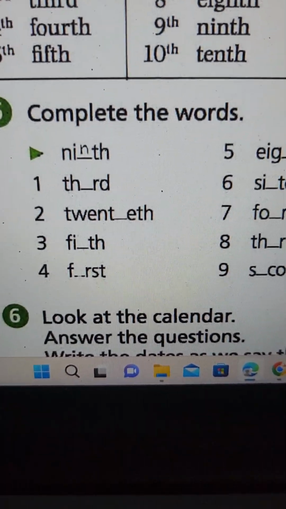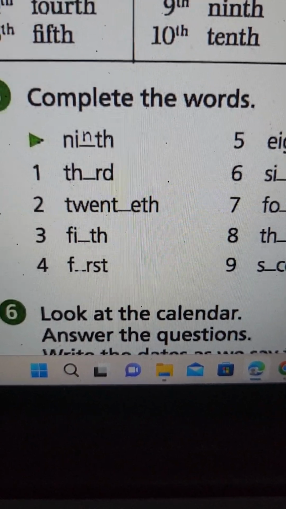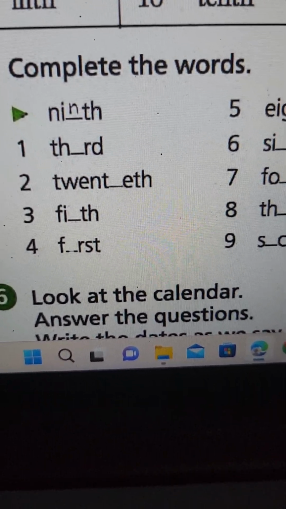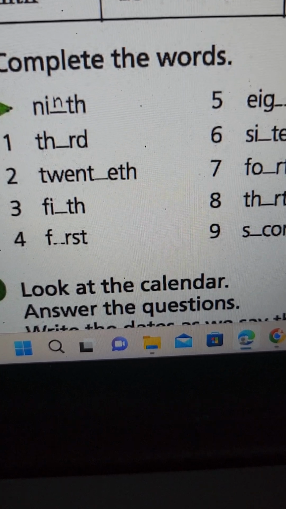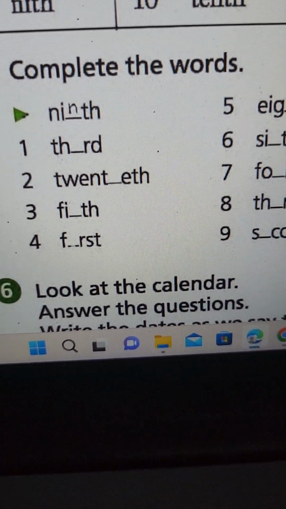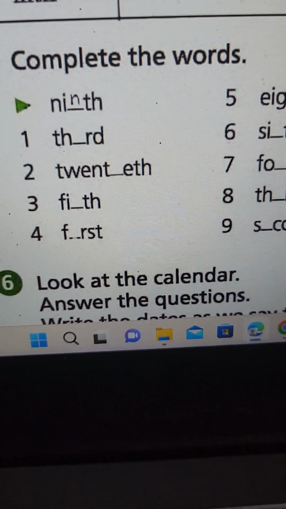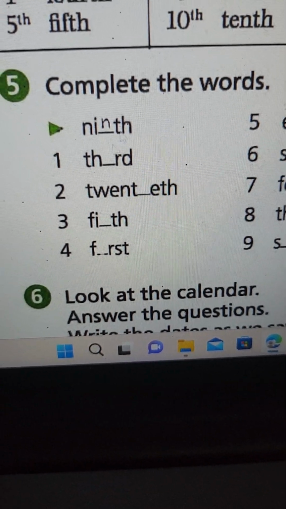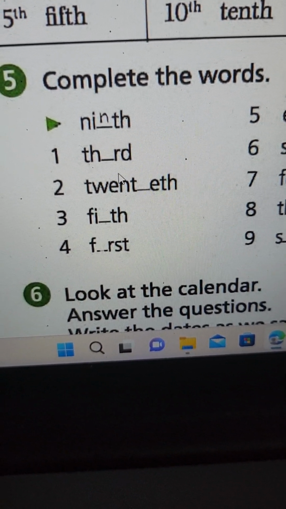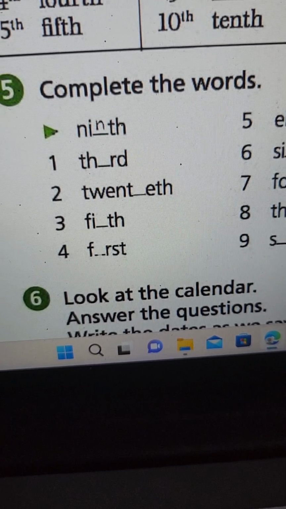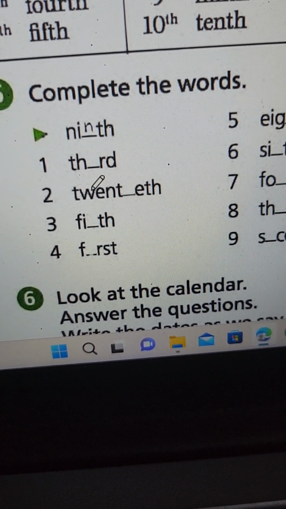Look at the question, complete the words. Ninth, not nine. 9 is cardinal. Ninth with th is ordinal. So what is number 1 now? What is number 1 here? Yeah, that's right, correct. Third.